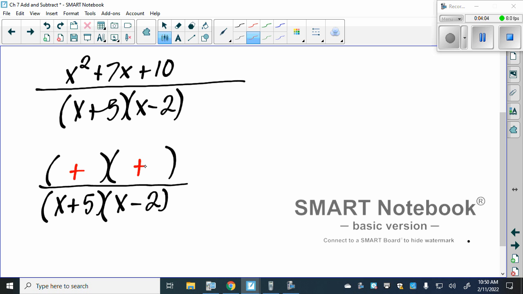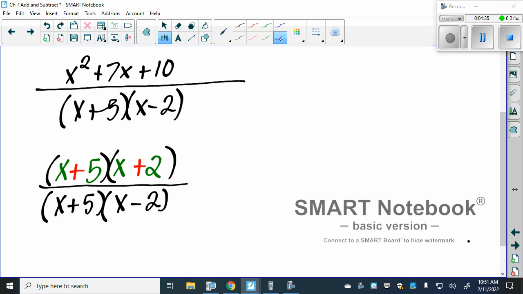That tells me one of those is not going to be what? X minus 2, yeah, because if they're both positive, there's no way it can magically become negative. The factors of x squared are x and x, and the factors of 10 that we want are 5 and 2. And the x plus 5 times x plus 2 will get us back to the x squared plus 7x plus 10.